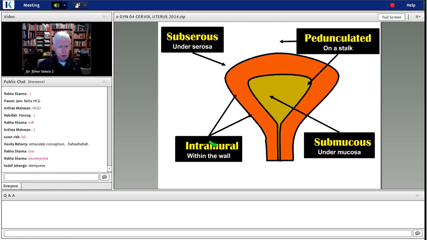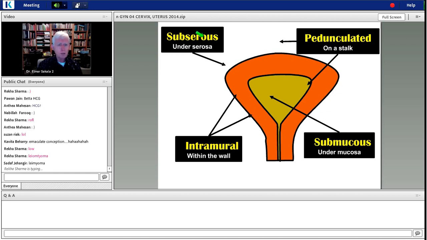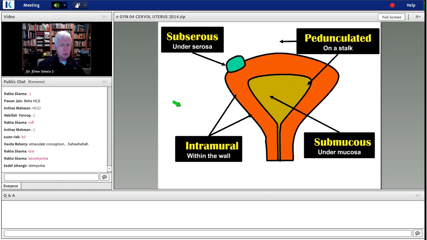We can have intramural, which is in the wall of the uterus. They could be under the mucosa of the uterine cavity, the submucosa. They could be pedunculated on a stalk, or they could be subserous under the outer lining of the uterus. So this would be a subserosal. This would be a leiomyoma, which causes the uterus to be lumpy and bumpy.